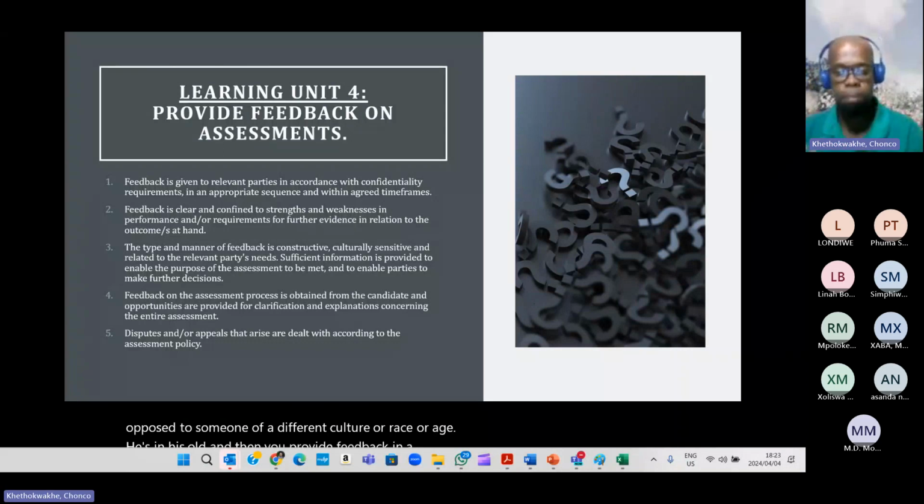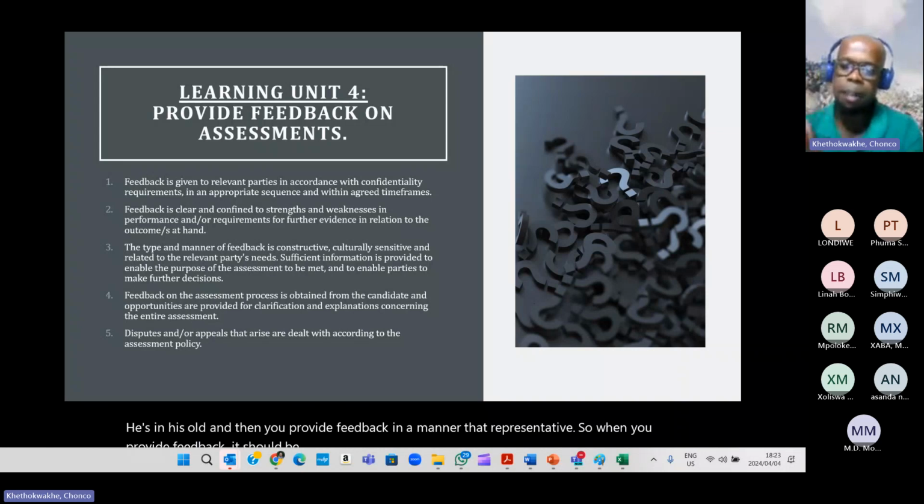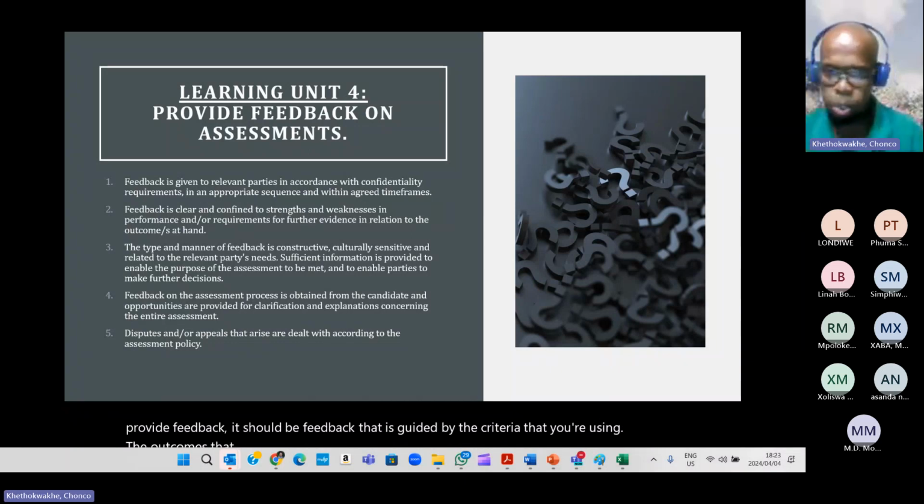So when you provide feedback, it should be guided by the criteria that you're using and also guided by the outcomes that were assessed, not like you just say things out of context.